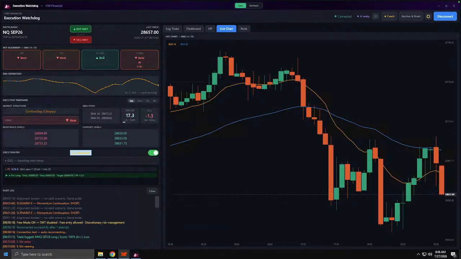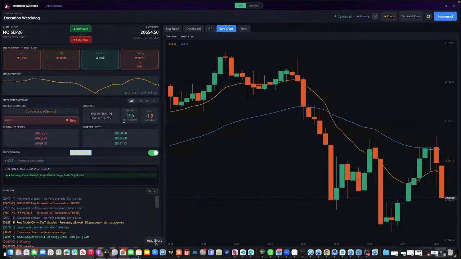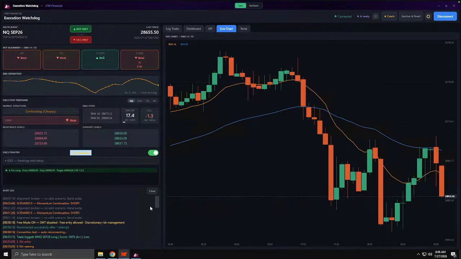But there's quite a bunch of new updates around Execution Watchdog. Right now, we have the new release 1.2.7, and this has brought in some very significant changes in terms of execution.